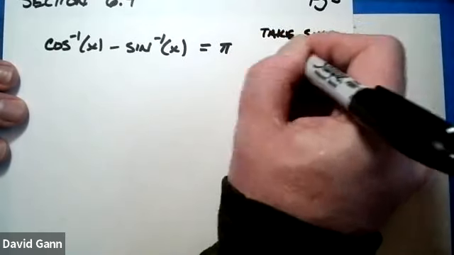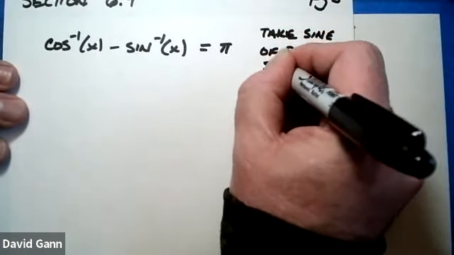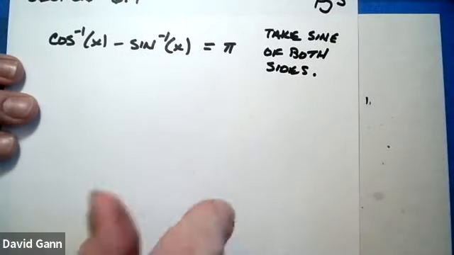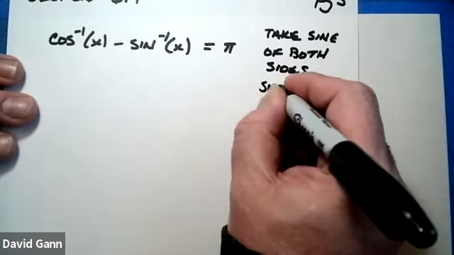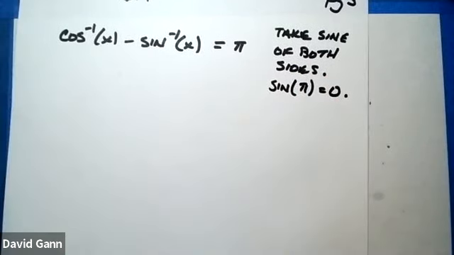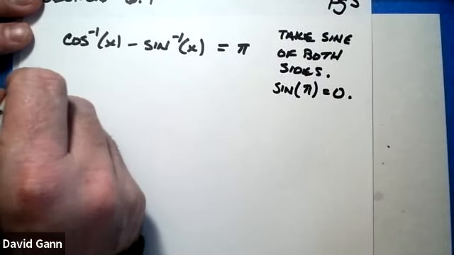And again, the reason I picked sine as opposed to some other trig function is because sine of pi equals 0. That's the reason.